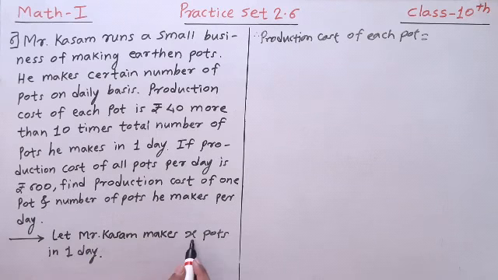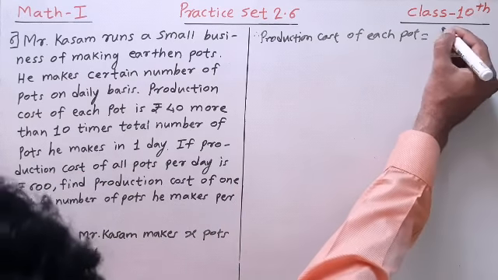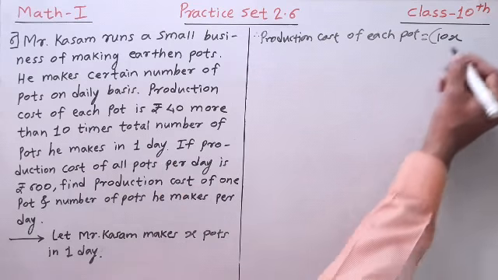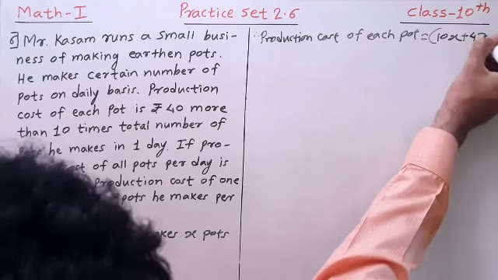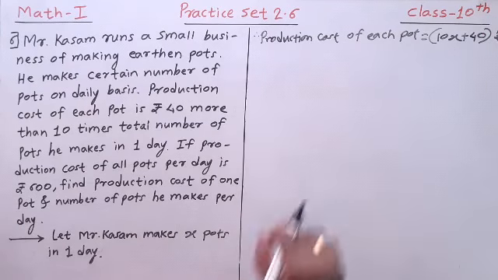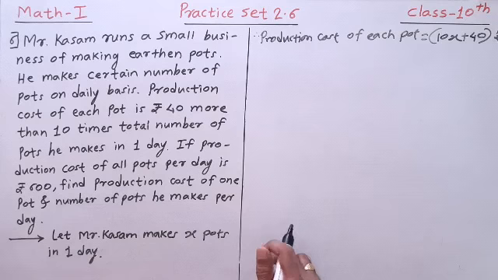The total number of pots is X, so 10 times X means 10X, and 40 more means plus 40 rupees. Now this is the production cost of each pot.